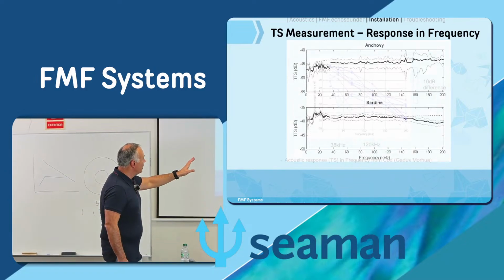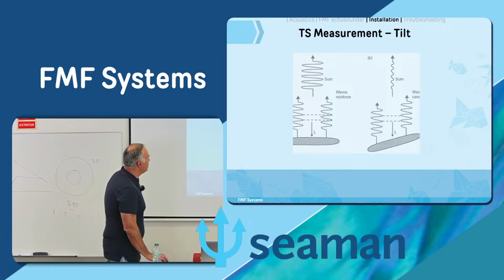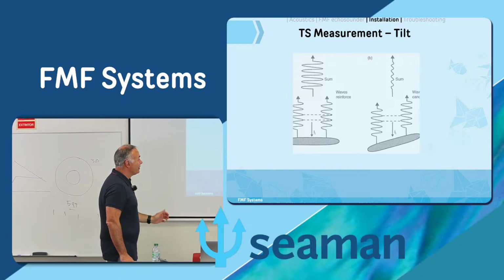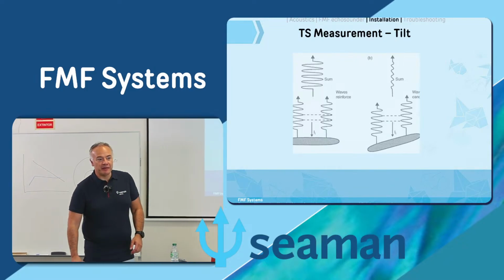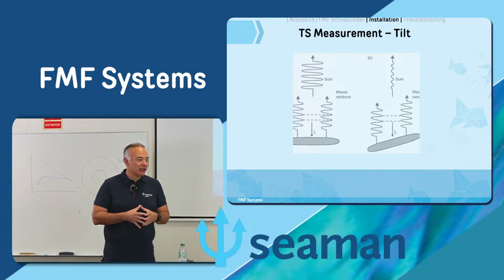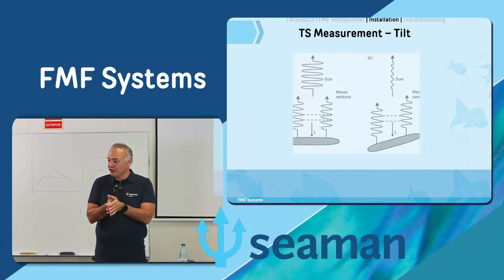Remember that we talked before about the tilt. This is more graphic when you see the difference of the wave when it's inclined or when it's horizontal. So the difference can be very determinant. We've seen that sometimes the anchovy can behave in a different way at night or during the day.